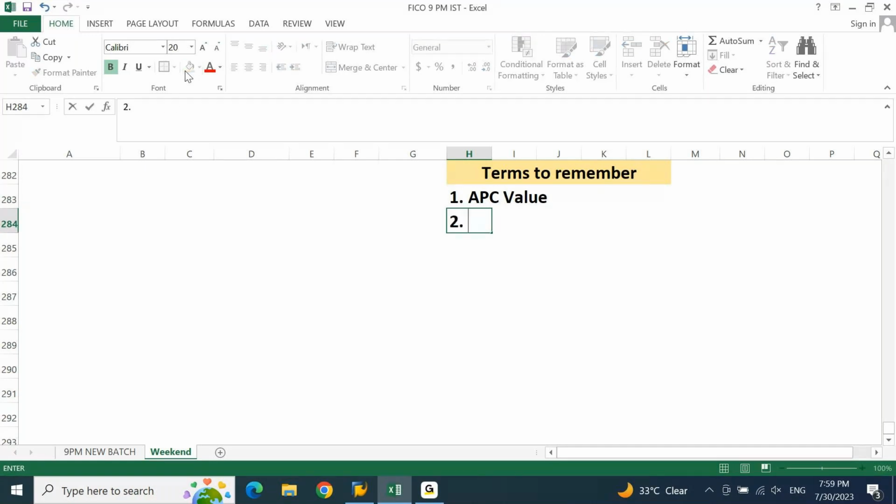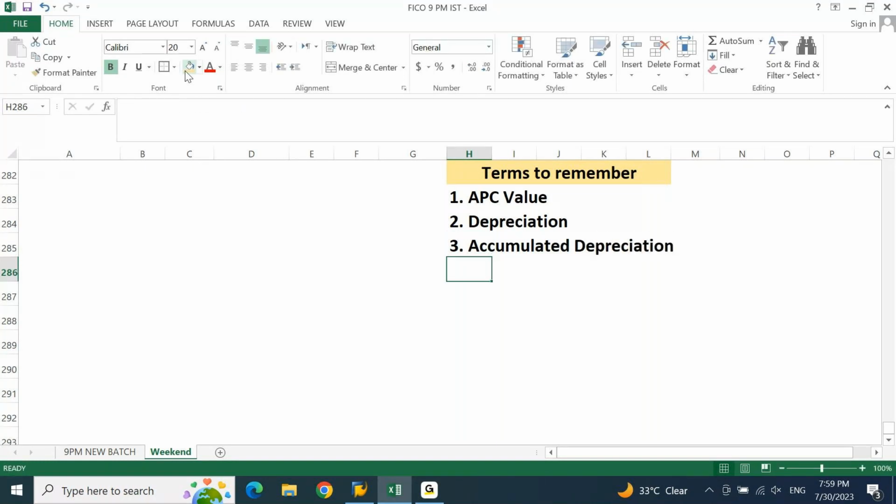Second one, depreciation. Third one, accumulated depreciation. Fourth one, net book value. Okay, these four are sufficient as of now.